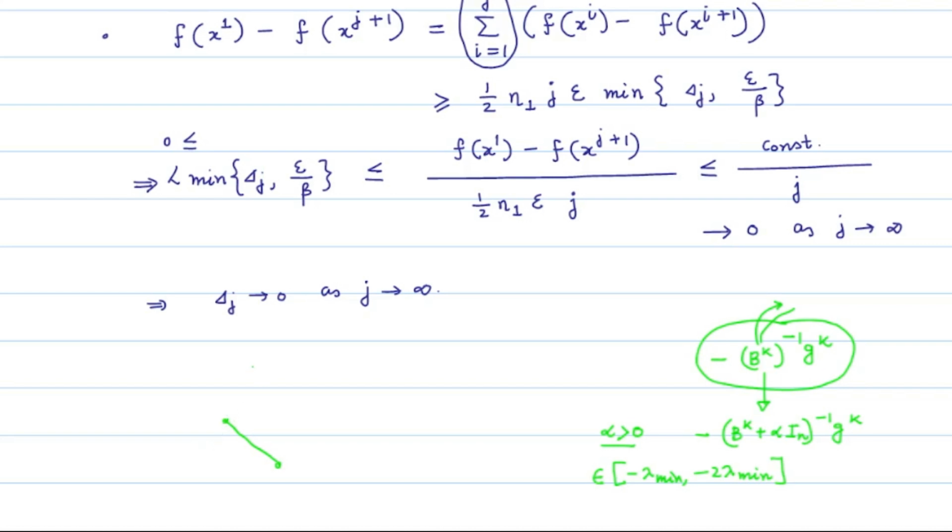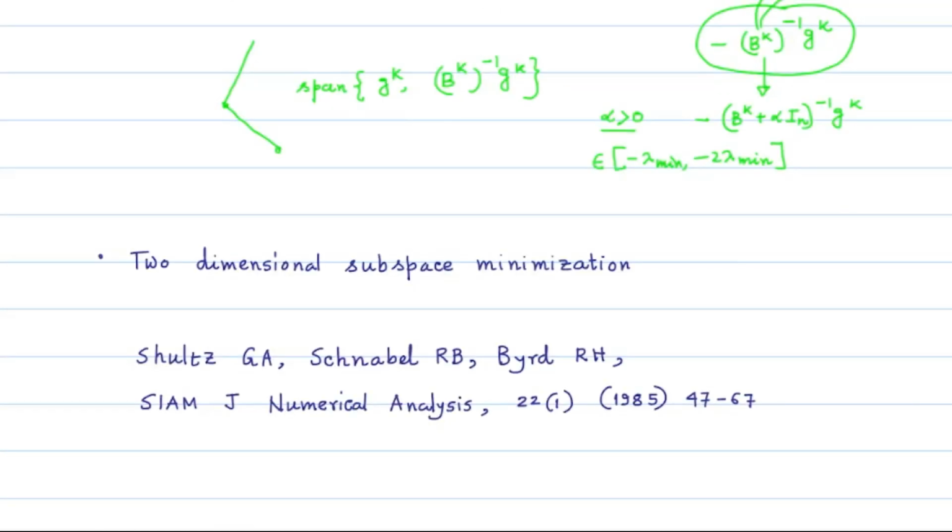We notice that this identification of the dogleg step takes place in the two-dimensional vector space spanned by the negative gradient, or gradient, and Bk inverse gradient. By observing this, we can identify the dogleg step with lesser computational cost, which is known as the two-dimensional subspace minimization technique, first found in this paper of Shultz, Schnabel and Byrd in the year 1985.